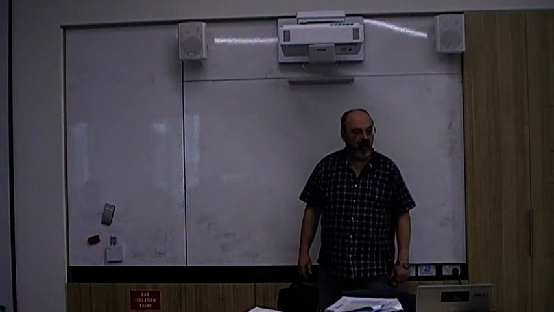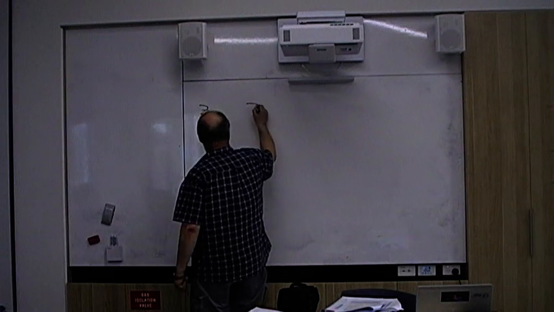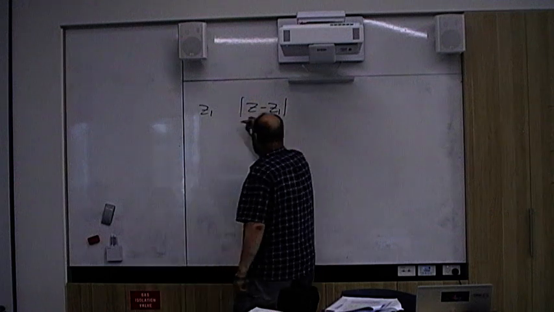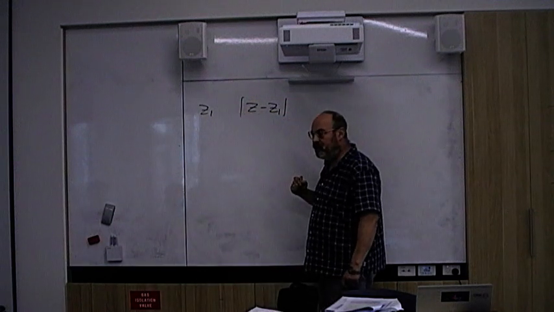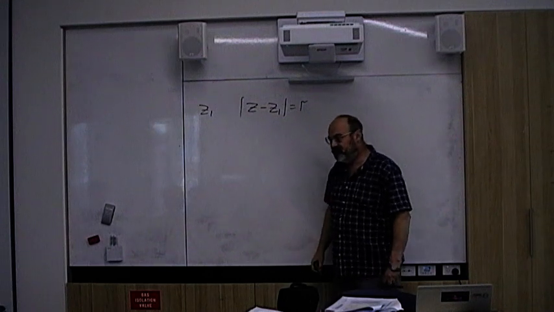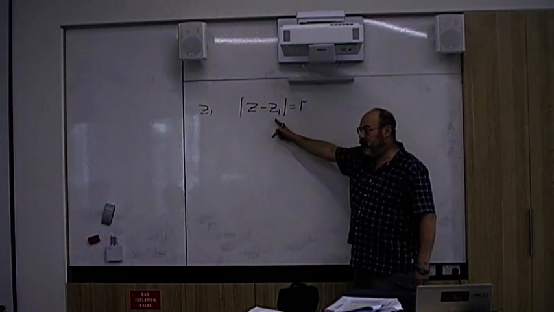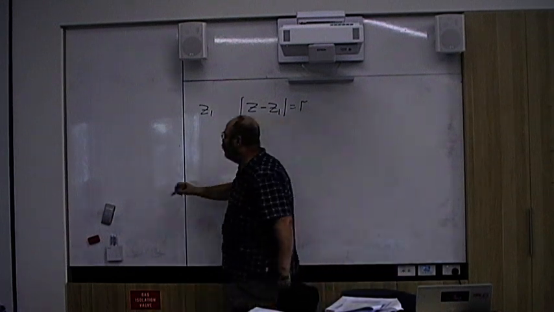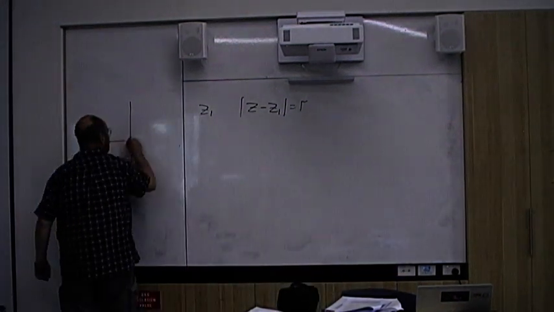So let's say our center is Z1, and we're looking for points Z, so the modulus of Z minus Z1, because this is a distance, equals the radius.